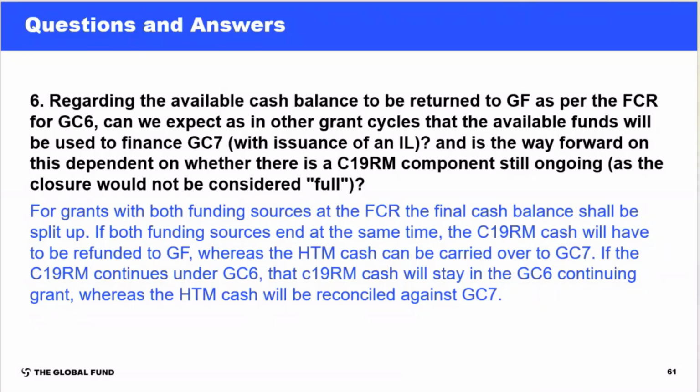The other scenario is if the C19M continues under GC6, in which case the C19M cash will stay in the GC6 grant and will continue as part of the grant and in the future reporting periods as well. And the HTM cash will be either reconciled against GC7 or will have to be refunded, depending on what the scenario is for HTM.